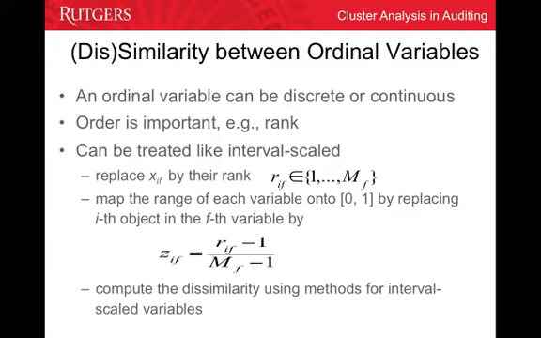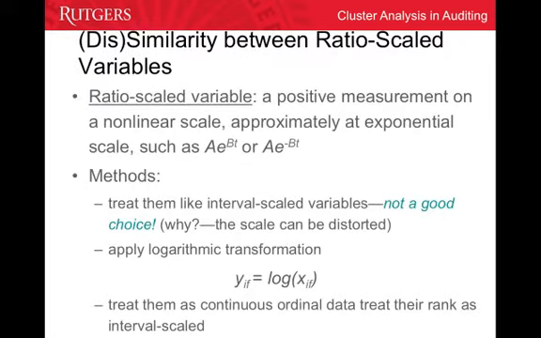And then we could map the range of each variable onto the 0 to 1 range by replacing the ith object in the fth variable using this formula. Finally, we could calculate the dissimilarity of the ordinal variables using methods for interval scaled variables.